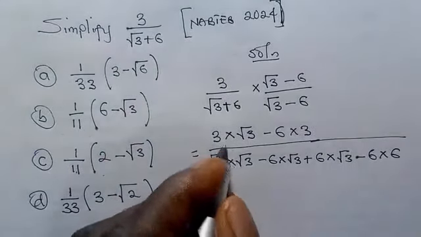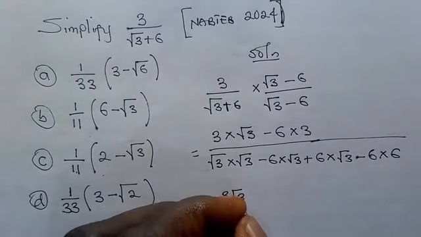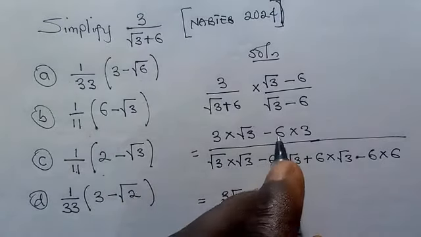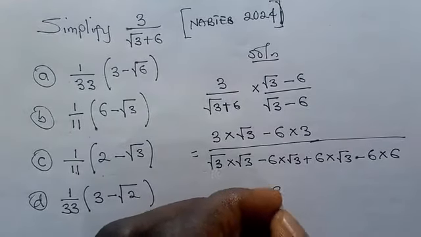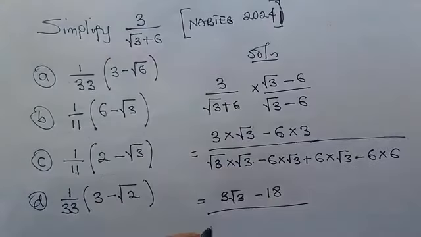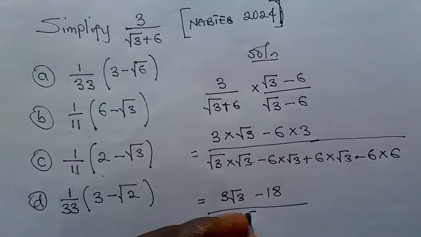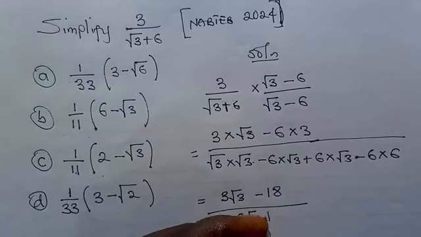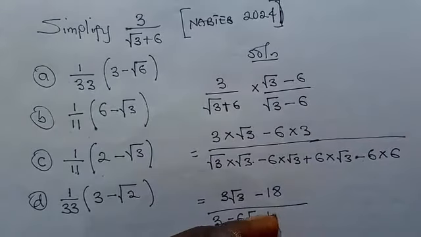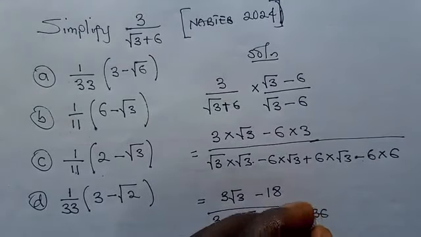This is equal to 3 times root 3, we have 3 root 3, minus 6 times 3, we have 18. Divide by root 3 times root 3, we have 3, minus 6 times root 3, we have 6 root 3, plus 6 times root 3, we have 6 root 3, minus 6 times 6, we have minus 36.